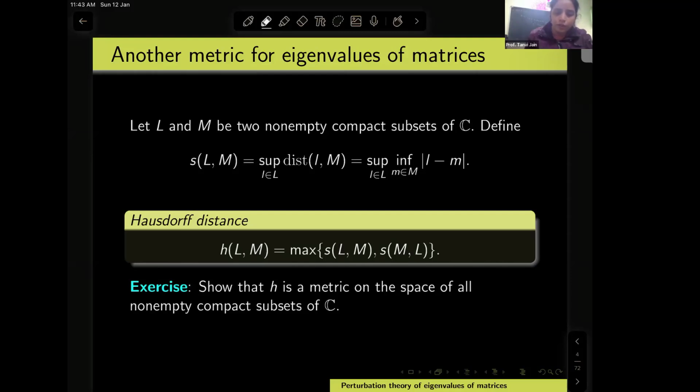Now we define the Hausdorff metric on the space of all non-empty compact subsets of C to be H(L, M), the maximum of S(L, M) and S(M, L).